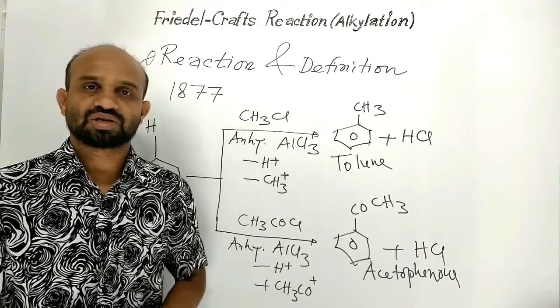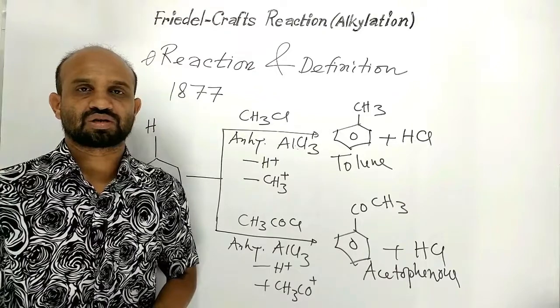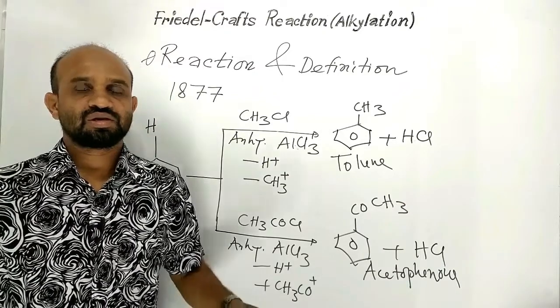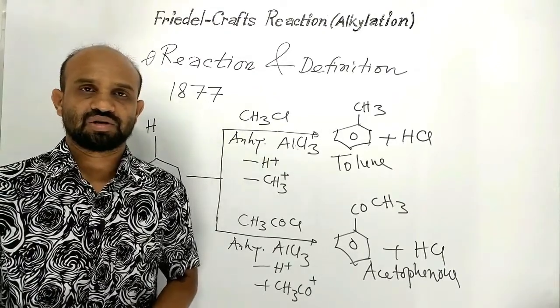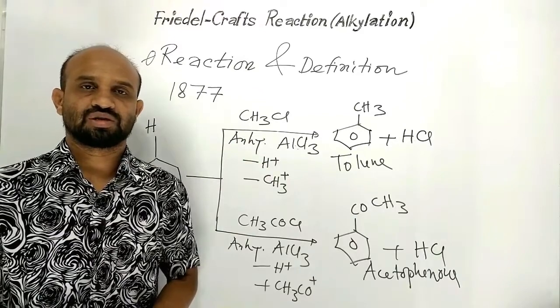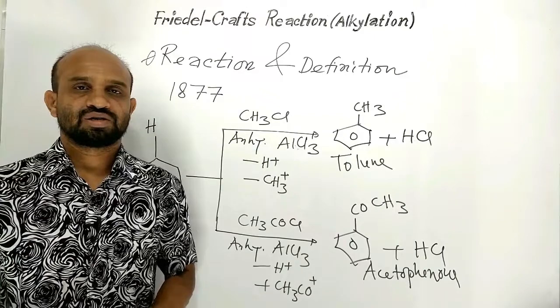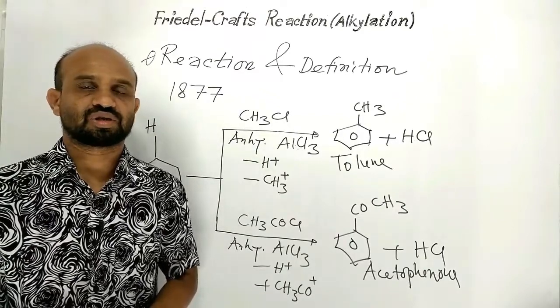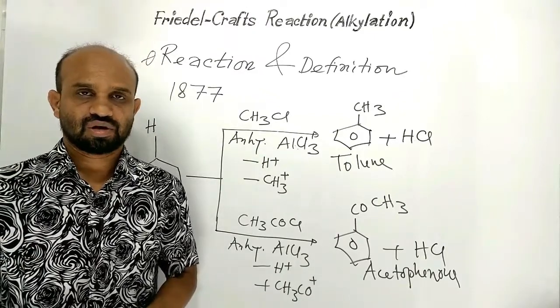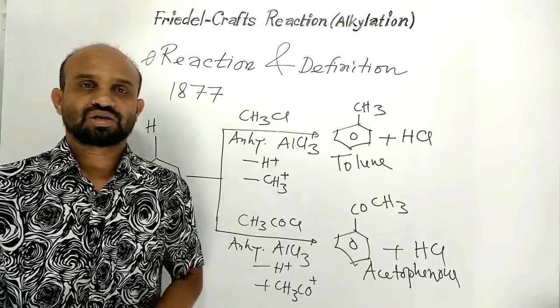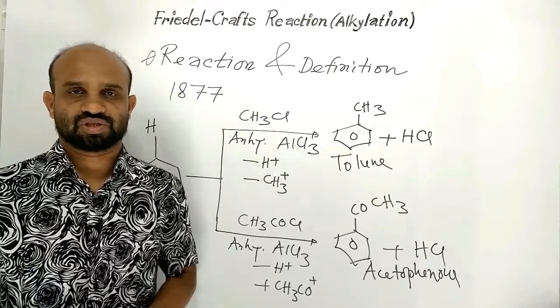This type of reaction is known as Friedel-Crafts reaction. In the year 1877, French organic chemist Charles Friedel and American chemist James Mason Crafts discovered this reaction. Now this reaction is known as Friedel-Crafts reaction.